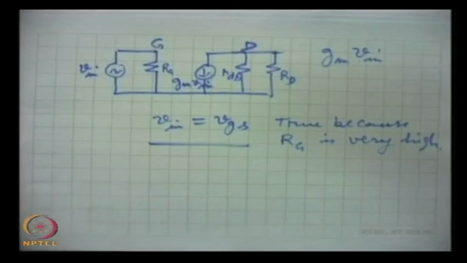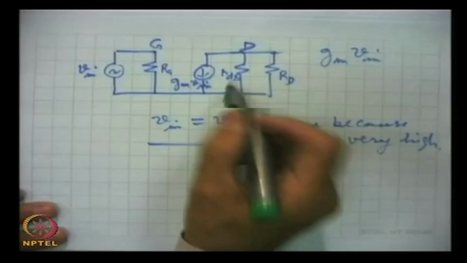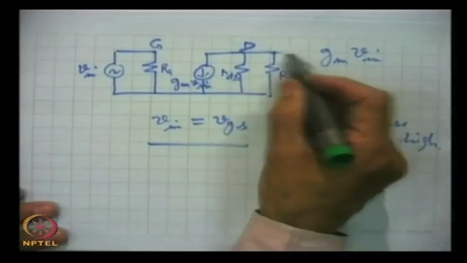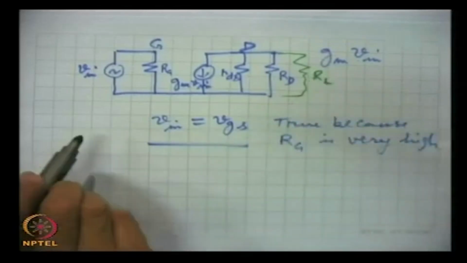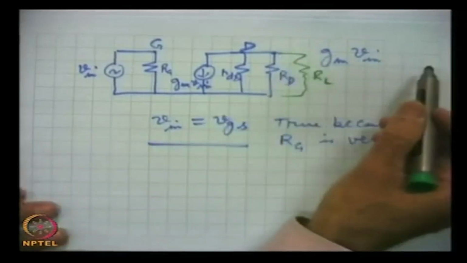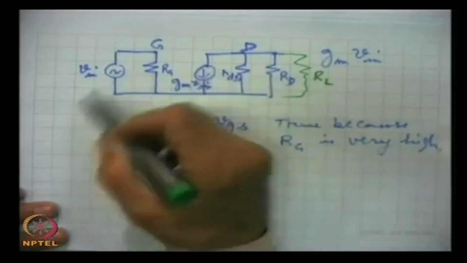With this, now we can draw. These resistances are in parallel. There may be additional resistance, for example an RL, the load resistance, or another stage connected in series with this amplifier.